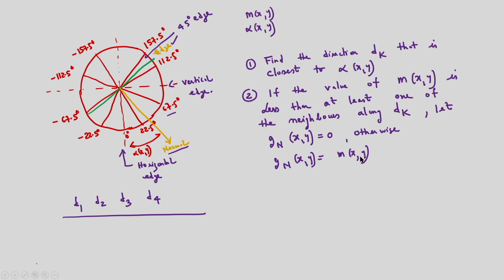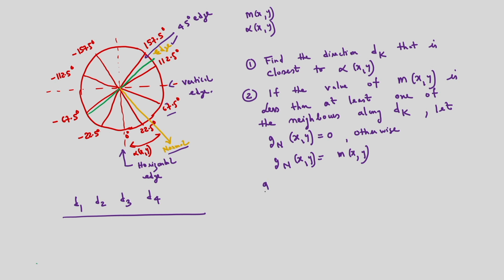So if the gradient magnitude Mxy is less than at least one of the neighbors along the direction dk, then I have to do the suppression. The suppression is nothing but Gn xy equal to 0, and otherwise we retain that pixel, and corresponding to this Gn xy will be Mxy.